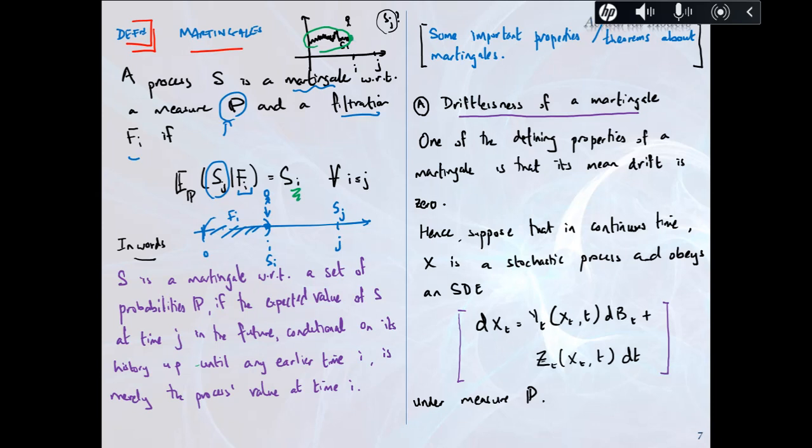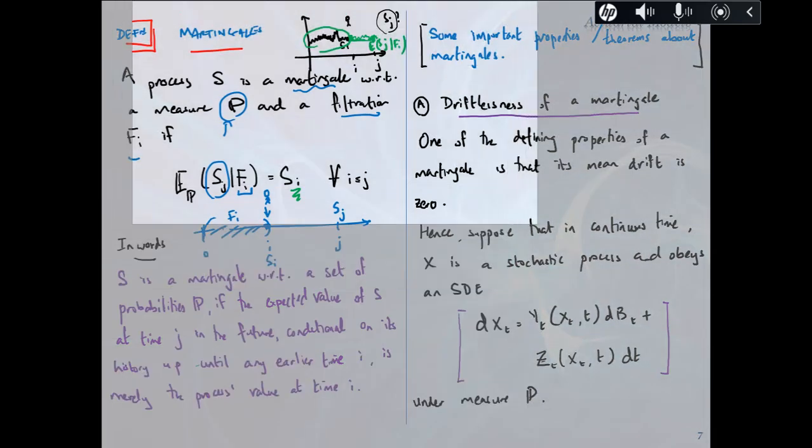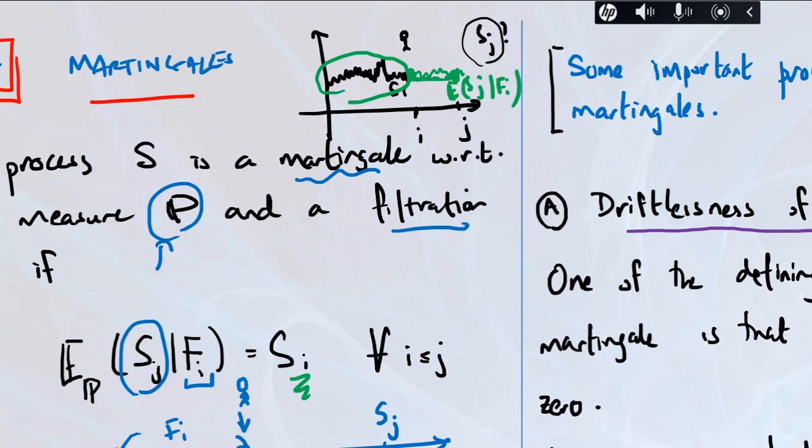From an intuitive perspective, we understand that the evolution of the price should be driftless, because the expectation of Sj will be at the same level as Si given Fi. So it implies that I should have something which is driftless.